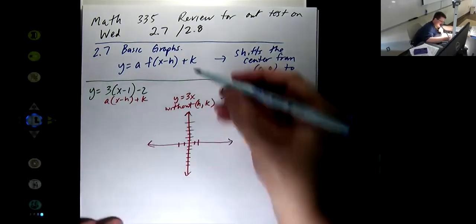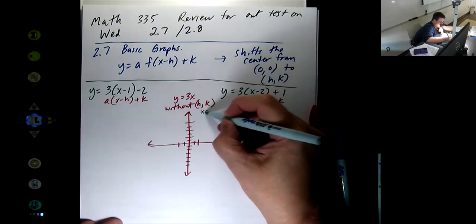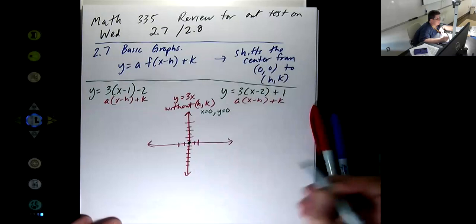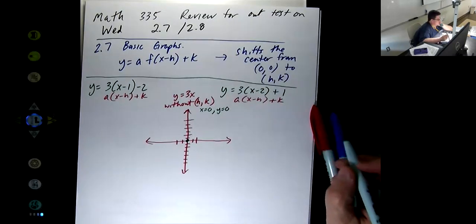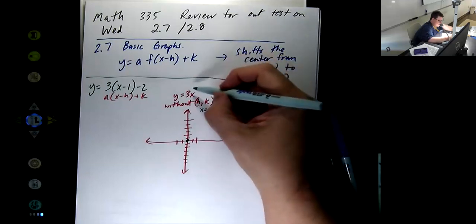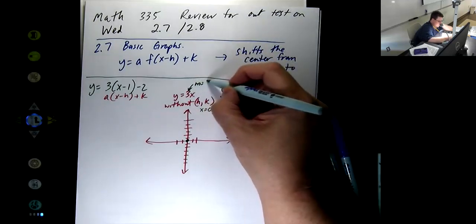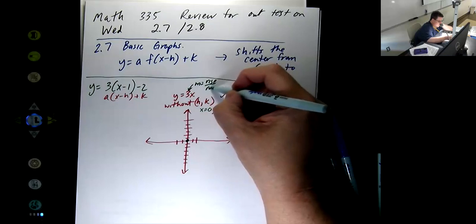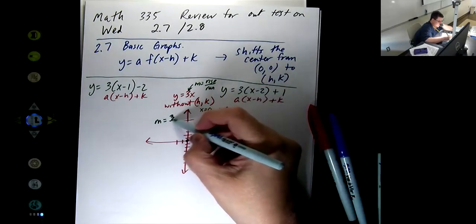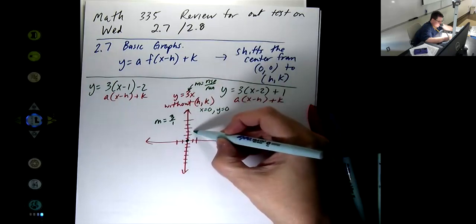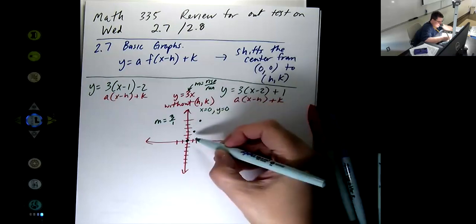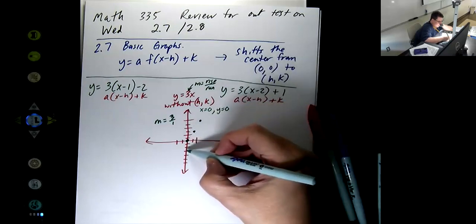If I stick in x equals 0, I get y equals 0, so we have a point at the origin. Then if we look at this as m, which is rise over run, m equals 3 over 1. So I can go up 3 and right 1, up 3 and right 1, or down 3 and left 1.